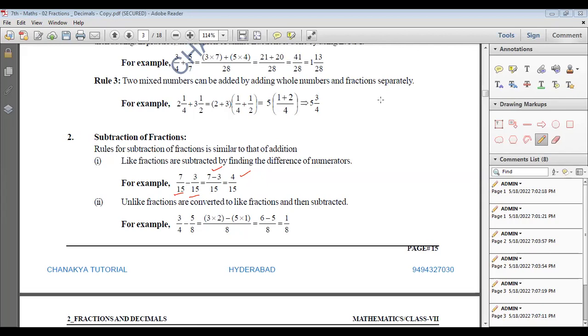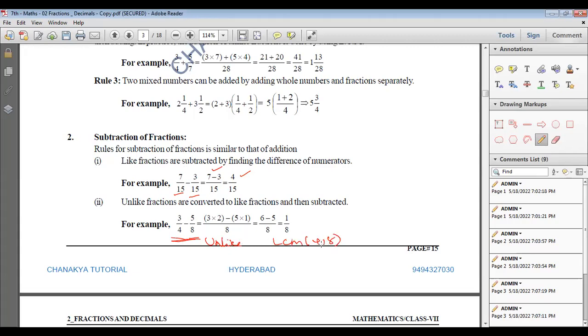Yes. Now coming to the next part of the question. Unlike fractions, convert them into like fractions and then subtract. Look at this example here. Denominators are not the same, so those are unlike fractions. Here we need the LCM of denominators 4 and 8.